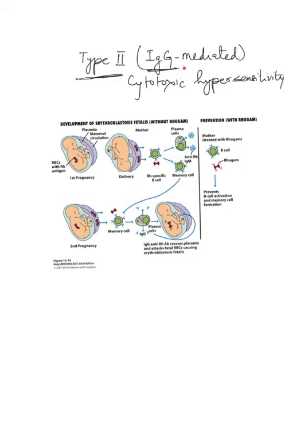So IgG can enter through the placenta into the blood of the fetus, and these antibodies can then bind to the Rh antigen on the RBCs of the fetus, and they can activate complement, and complement mediated lysis of RBCs can ensue.